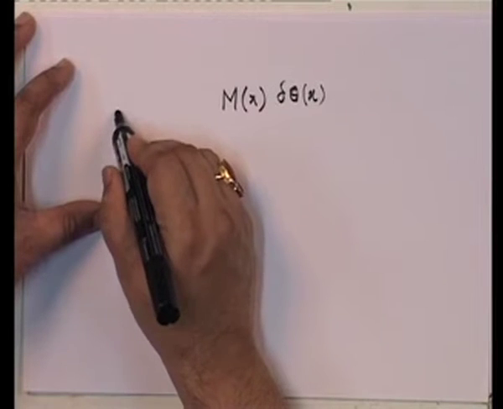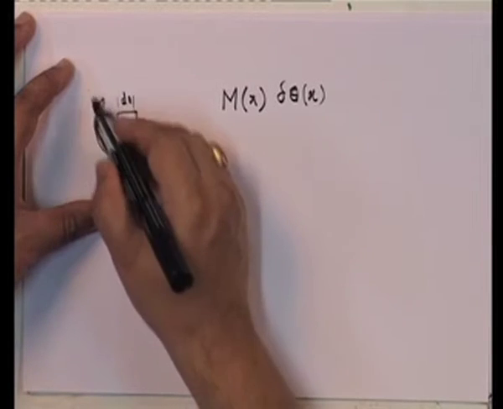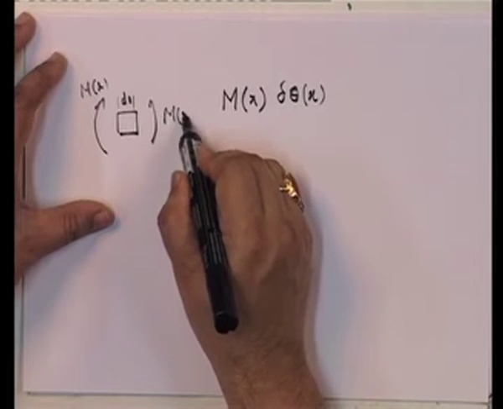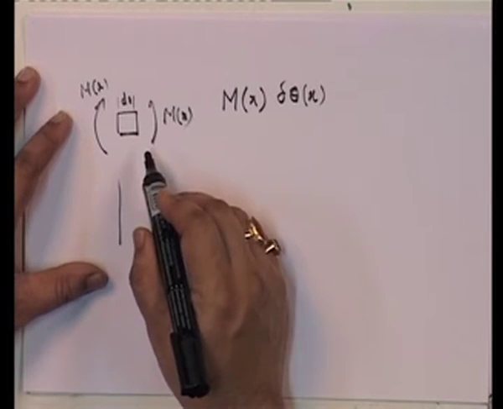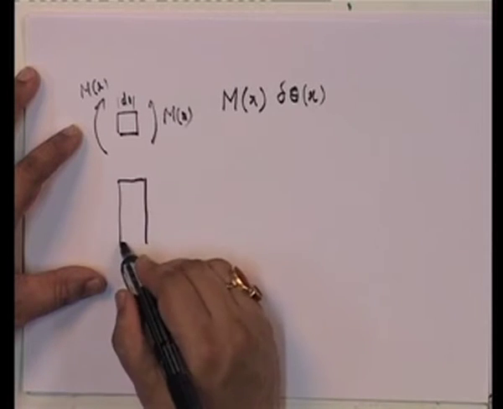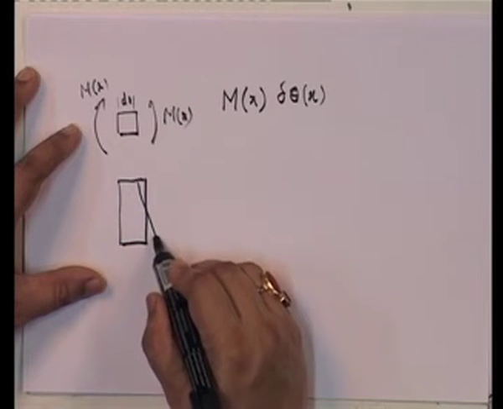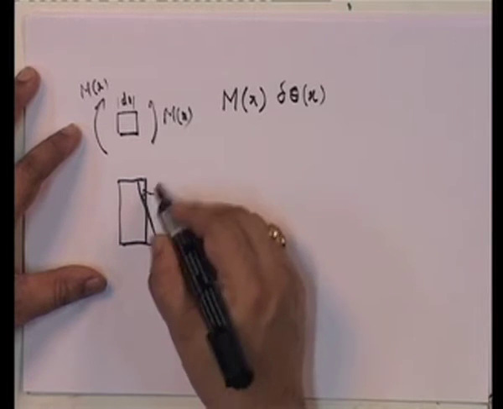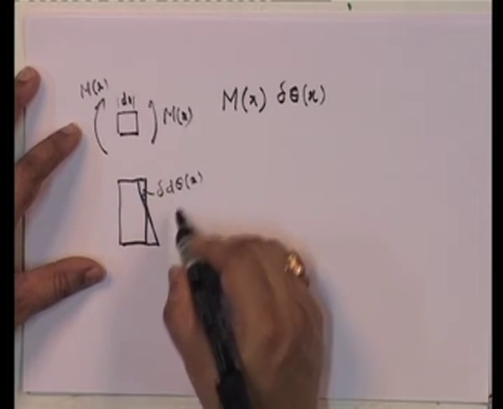In other words, if I look at this, this is my dx. Note that I have Mx here and Mx here. So, if you look at it, this particular term, I am going to draw it larger, you will see that this is equal to, if this is my del d theta x, right.